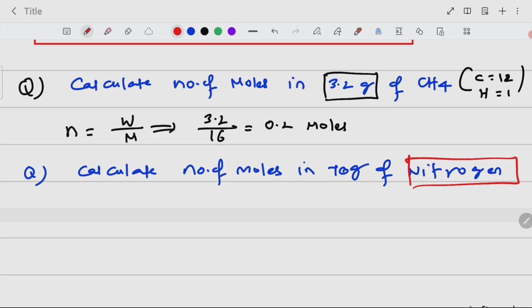Focus on this term. Most of the students make a mistake here. Nitrogen is given. The confusion is whether we have to take N or N2, whether to take 14 grams or 28 grams. So here no confusion. Clear cut, whenever nitrogen is given, you should take only N2, because nitrogen exists in molecular form.